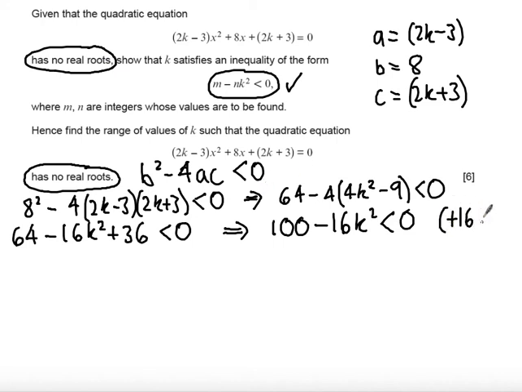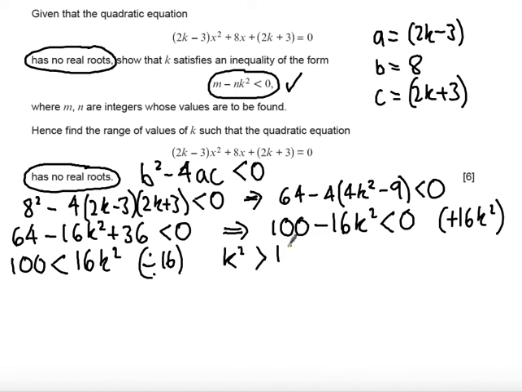I'm going to add 16k² to both sides, to get 100 is less than 16k². I'm going to divide by 16, so that in the end I get k² is greater than 100 over 16. Now this is the difficult part, because actually solving an inequality here makes no sense. What I actually want to do is solve k² = 100 over 16.